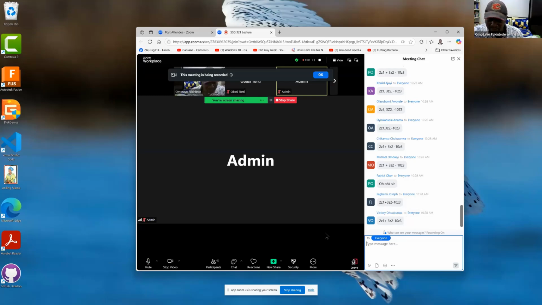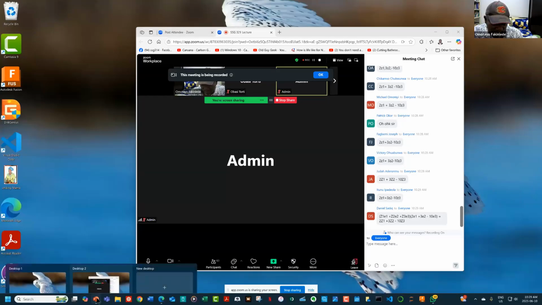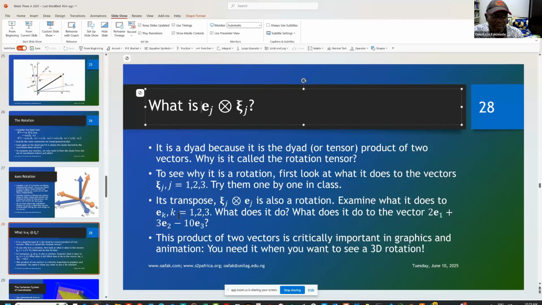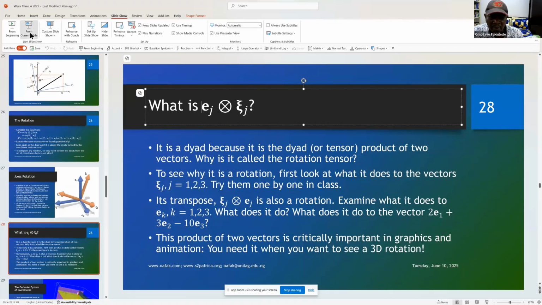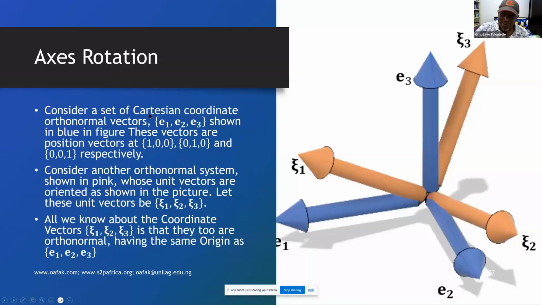So, okay. Okay, so, good now. If you go back, what you have just shown is that if there is a vector in the blue system, it translates it to the same vector in the, what color is this now?